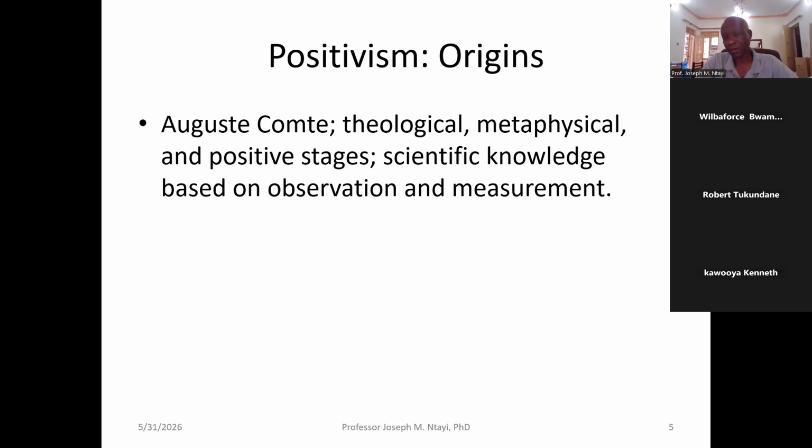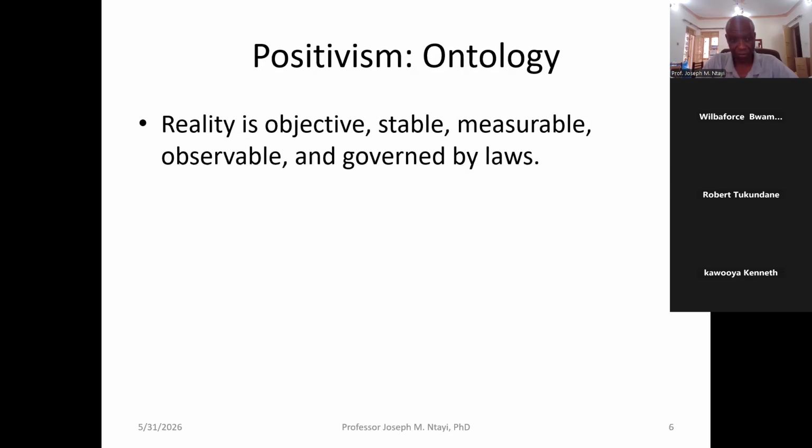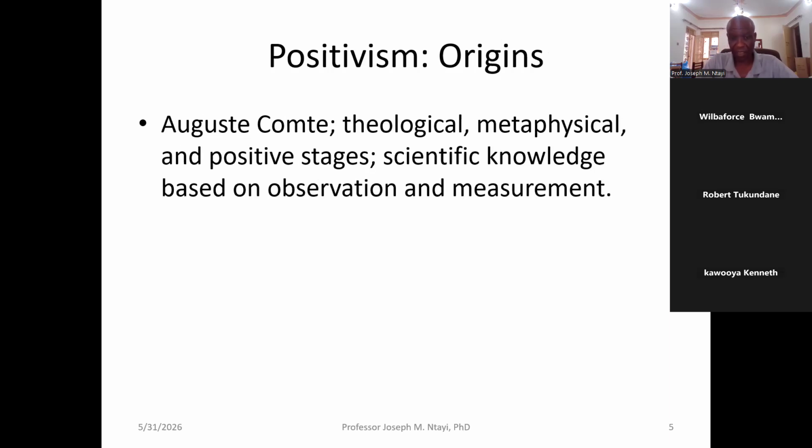Later on, there are so many other scholars who joined the queue and took on this element and started explaining it. So you have people like John Stuart Mill, who was a philosopher and a political economist. Then you have other people, I'm sure you remember them, like Emile Durkheim, who was a sociologist.